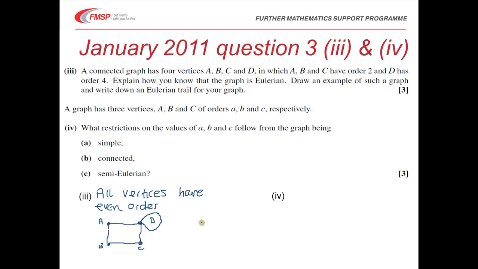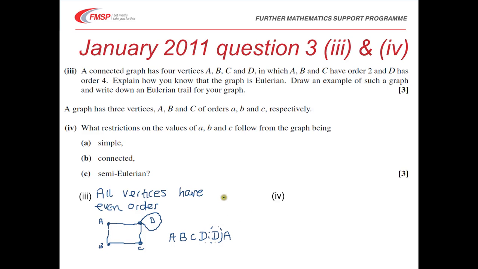Now it says write down an Eulerian trail, so I'm going to start at A. So we could have A, B, C, and then we'll be at D, and then we'll go round D and come back again, and then back to A. So you should show D twice. So this is the loop.